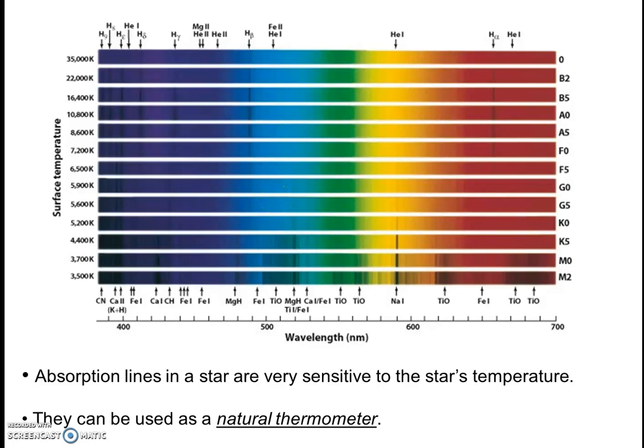Now, it's not easy because, as you see, for example, it looks like stars that are around 11,000 degrees have more hydrogen than stars that are 5,000 or 6,000 degrees. That is not true. It also looks like the sun, which is a G star, or let's say a K star, a cooler star, has way more sodium than it has hydrogen. That's not true either.